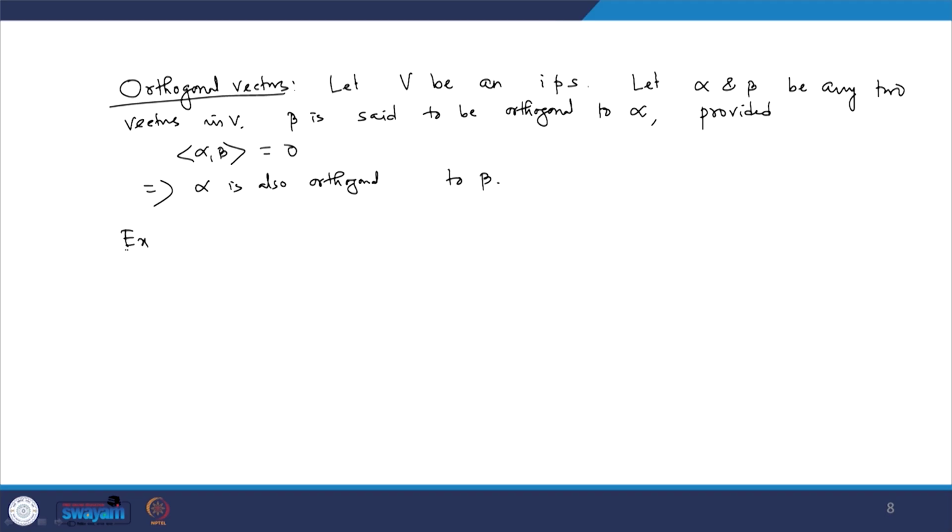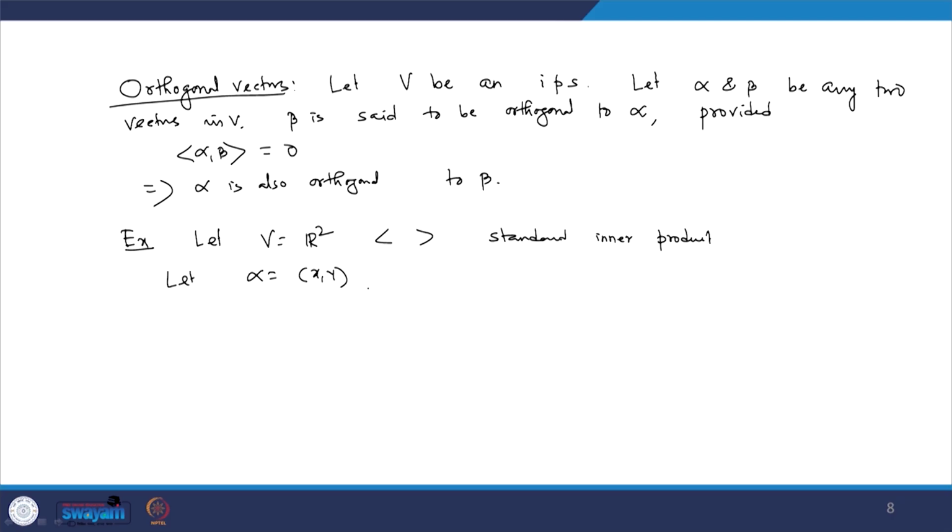For example, let V be equal to R2 space, and let me consider the standard inner product. So, let alpha equal to x comma y. We want to know an element beta in V which will be orthogonal to alpha.